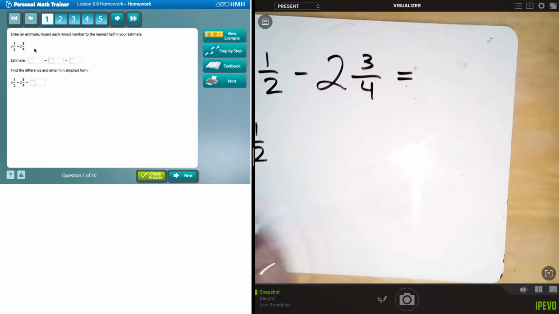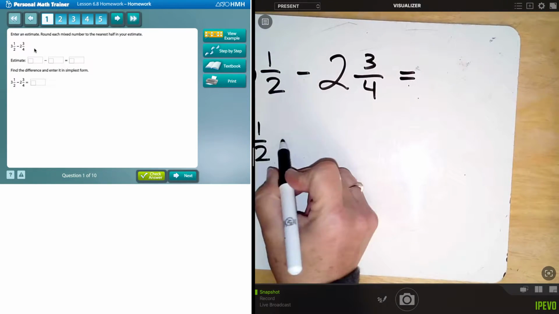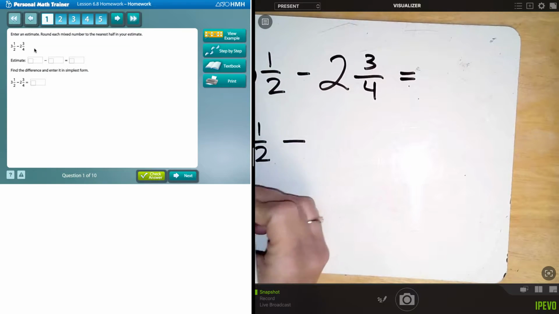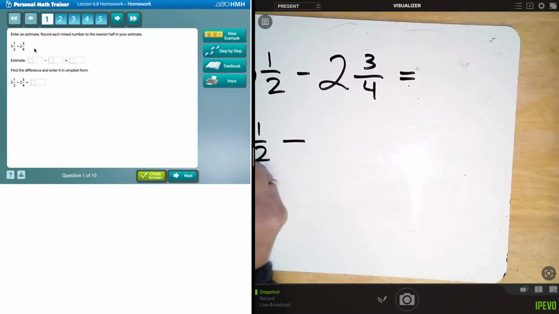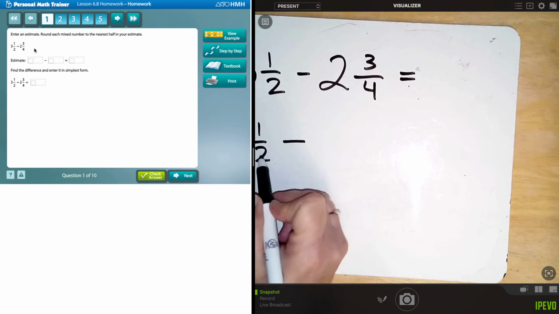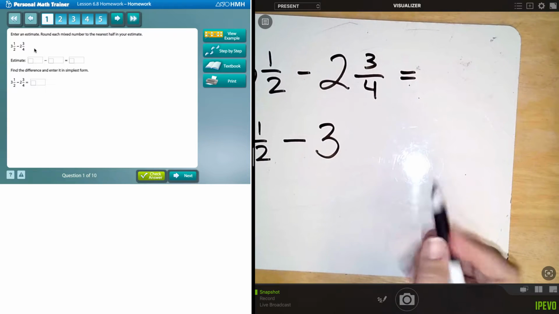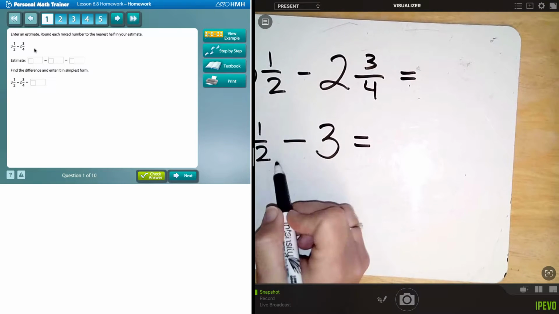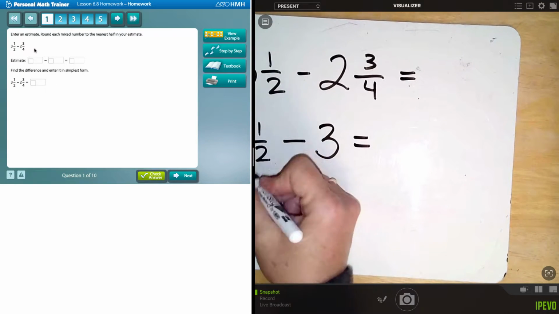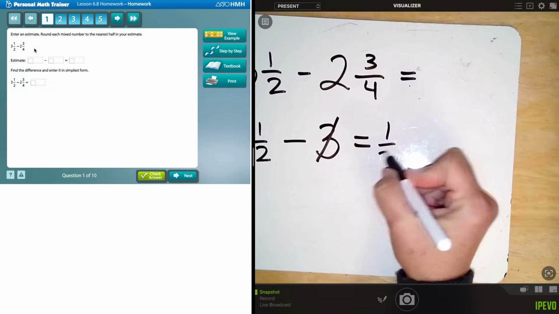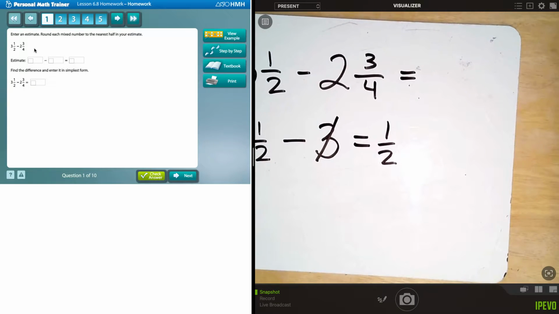Because the pattern would be a whole number, half number, whole number, half number. So our estimate, and I'm just going to write EST here for estimate, is 3 1/2 minus 3, because I'm rounding 2 3/4 up to 3. So 3 1/2 minus 3, look, 3 minus 3, I'm just left with 1/2. So my estimate is 1/2.